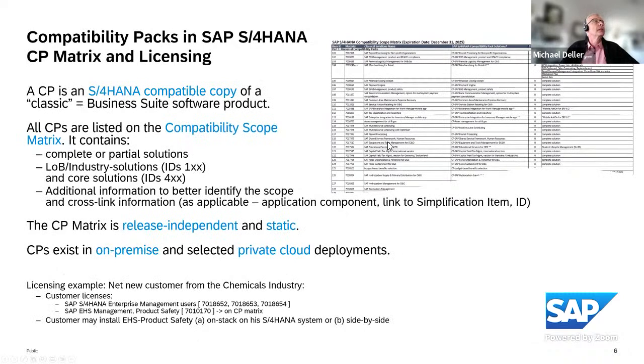Right, what helps you there is, first of all, the compatibility scope matrix. It's release independent, it's static, we don't add anything to it. It has a structure: section 1 or part 1, which you can see here on the slide, refers to all S/4HANA releases. Part 2 only refers to the releases 1503 and 1605, and I do hope that all of you are off these releases by now.